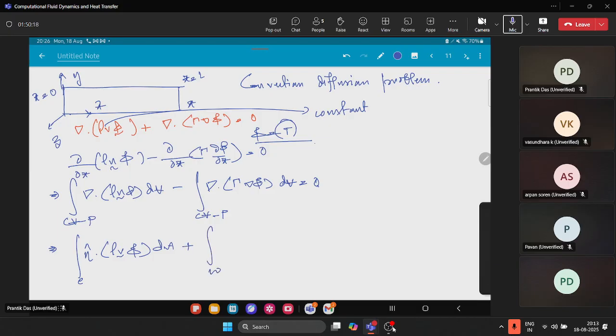So this is the sum over the faces, n cap dot rho V phi dA equal to the diffusion term, and I've converted both of the volume integrals into surface integrals. Is it clear to all of you?